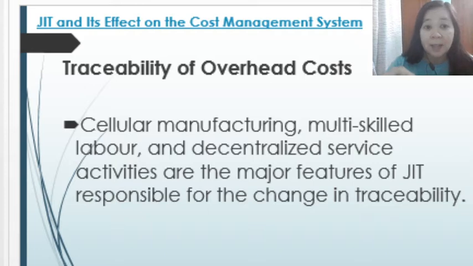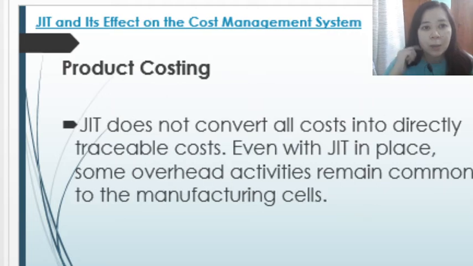It is under a decentralized form of activity, and this is the major feature of JIT responsible for the change in traceability of those costs. So that's how different the JIT environment is compared to the traditional cost management system. Okay, so how about product costing?